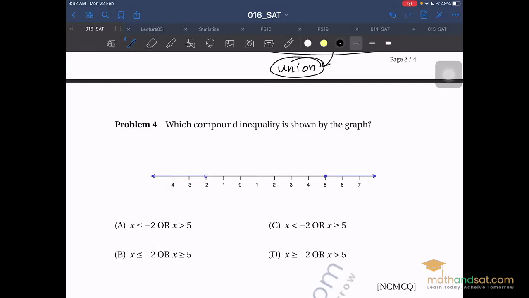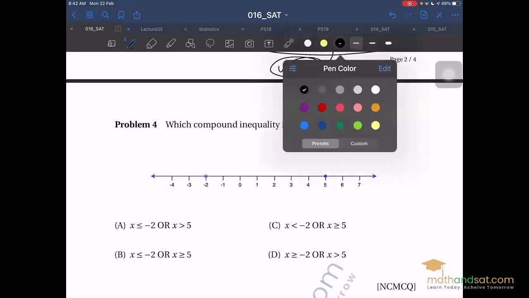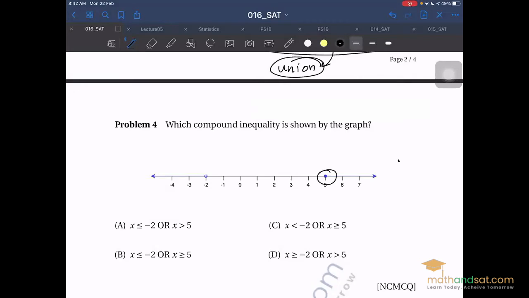When you see a dot, it means that point is included. When you see a hole, it means that point is not included. You see that there is a hole here and there's a dot. There's a dot here, there's a hole here. So this means what?